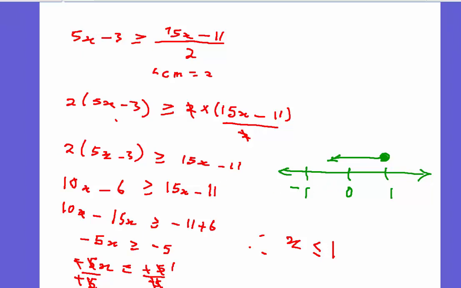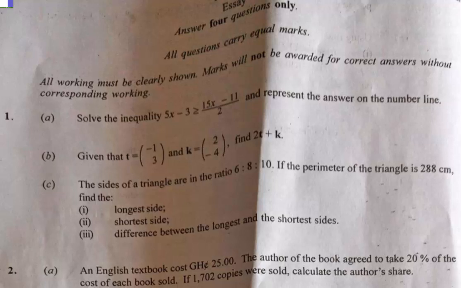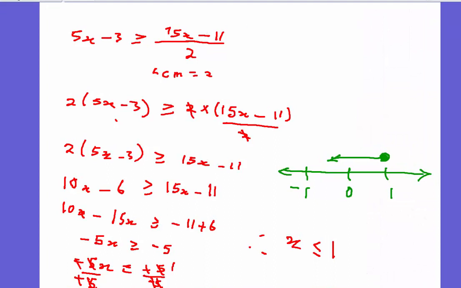Then quickly let's look at the second question as well. The second question says, given that t equals (-1, 3) and k equals (2, -4), find 2t plus k. Now with this, that is under vectors.